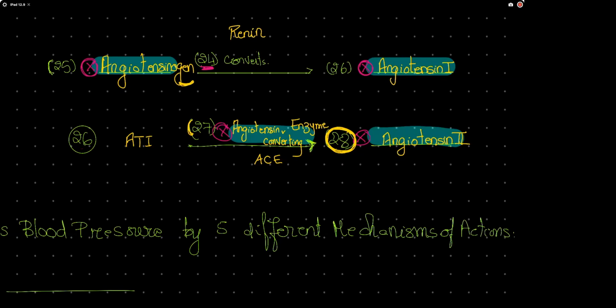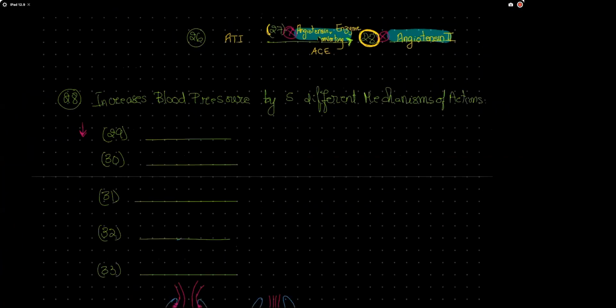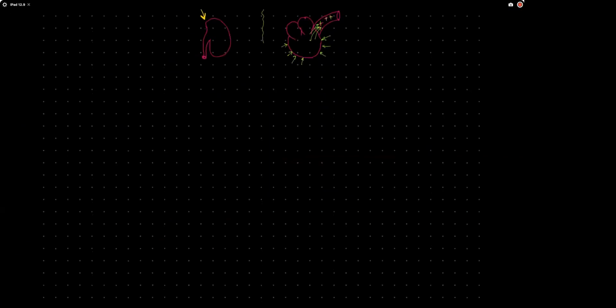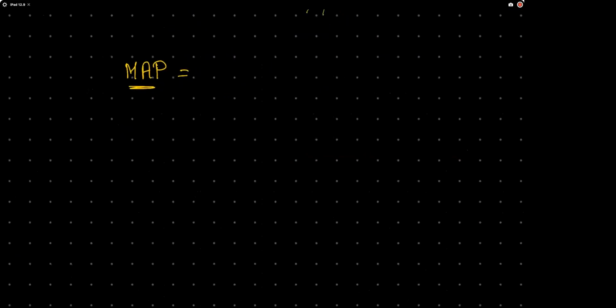And what do you think? How is angiotensin 2 going to be increasing your blood pressure? First, let us remember the formulas that we're using to figure out the factors affecting the mean arterial pressure. The mean arterial pressure is the average pressure of the blood within my arteries. How did we calculate it?